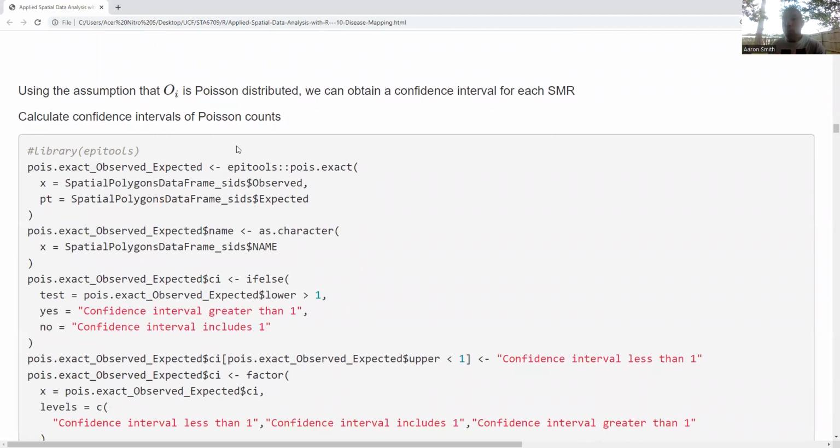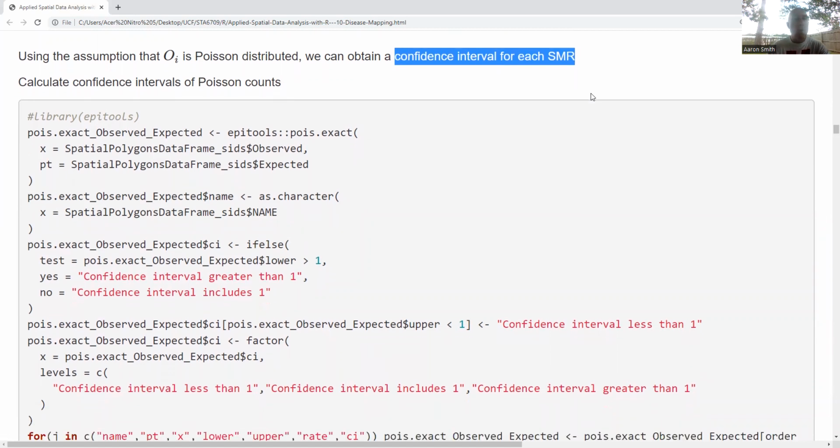All right, so we have a probability distribution. Since I have a probability distribution, I can go ahead and compute a confidence interval for each of the standardized mortality ratios for each of the counties. To do that, I'm just going to use EpiTools, Poisson exact.